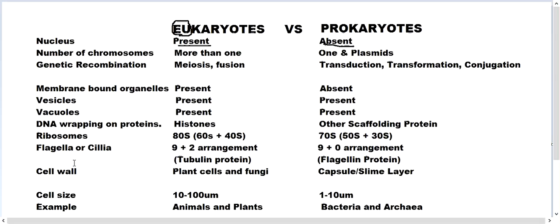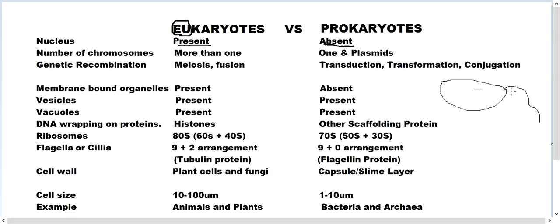Flagella and cilia: the arrangement is 9 plus 2 arrangement in eukaryotes, and in prokaryotes it is 9 plus 0 arrangement. Let me discuss this also. The flagella is a locomotive structure present in bacteria and prokaryotes and eukaryotes both.